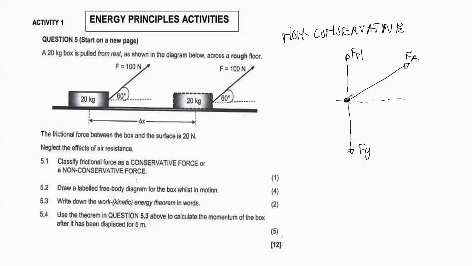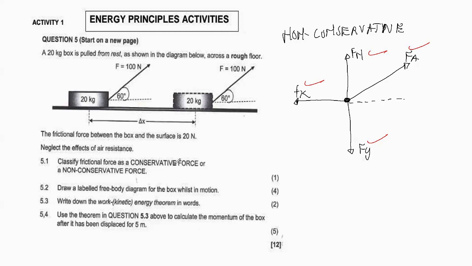And then opposing the motion will be our kinetic frictional force. So when they mark 4 forces, that's your FA, your FN, your FG, and your kinetic frictional force. And that's how you have it, 4 marks, 4 forces. Now, if you choose to resolve your force applied to Fx and Fy, that is also not a problem.